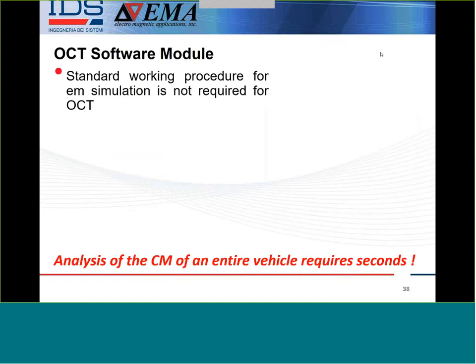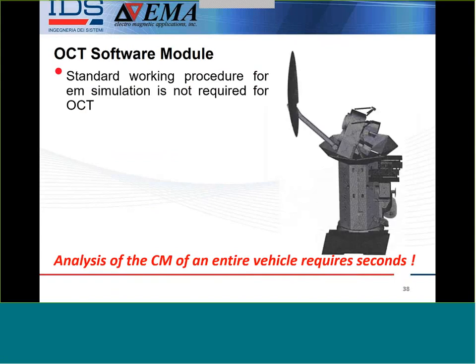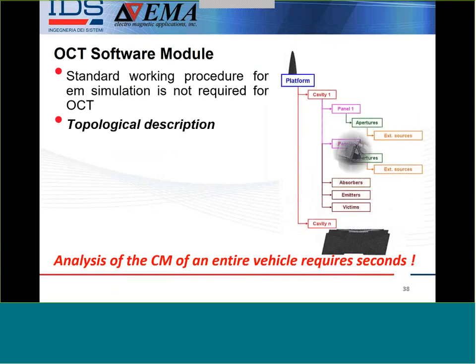So the usual way that we approach the problem, we skip it. We don't worry about the full model of the vehicle, satellite, aircraft. We just want specific information. It's a topological model. So what we're going to do is look at the platform, look at each cavity, and look at what apertures that cavity has.